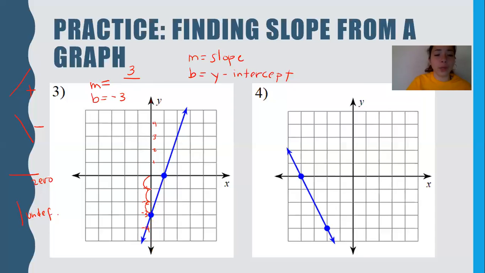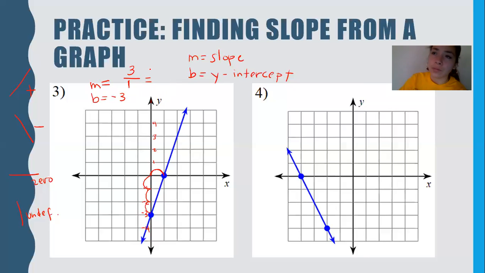Because it goes up 3 units. Now, how many does it go either left or right? How many spaces? How many units? It went over 1. So we have 1. What's 3 divided by 1?